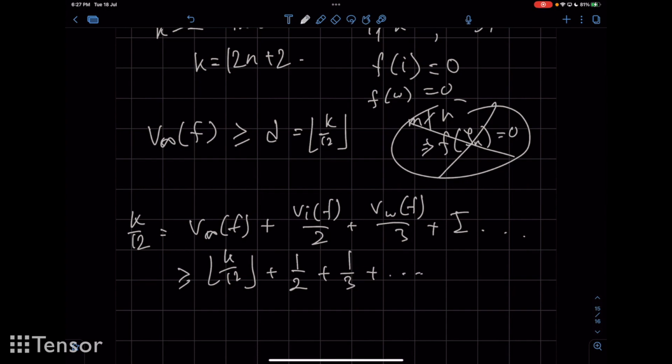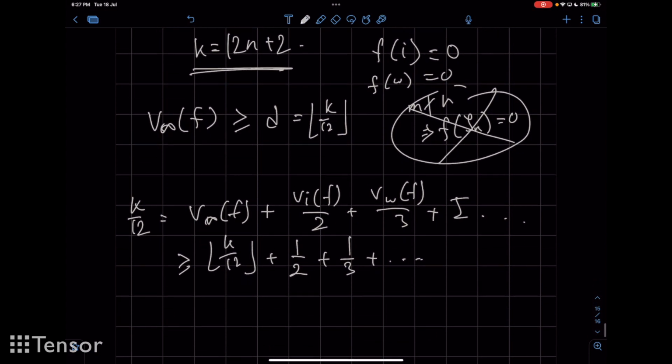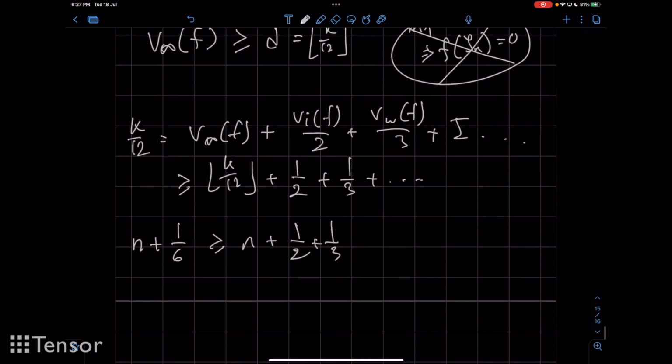What is the left hand side? Well, I've written k equals 12n plus 2. So the left hand side is n plus 1 over 6. And the right hand side is n plus half plus 1 over 3. Half plus 1 over 3 is exactly 5 over 6. So this inequality is not true, and we get a contradiction.